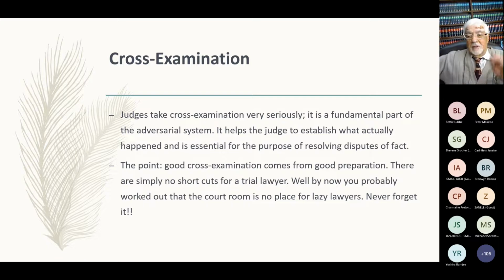Okay, now let's go into the most exciting part of a trial, cross-examination. Judges take this very seriously. It is a fundamental part of the adversarial system. It helps the judge to establish what actually happened and is essential for resolving disputes.